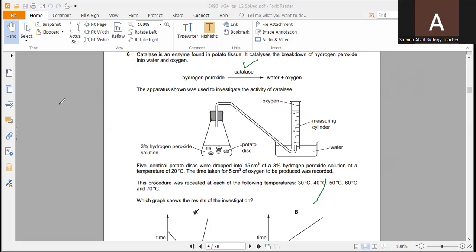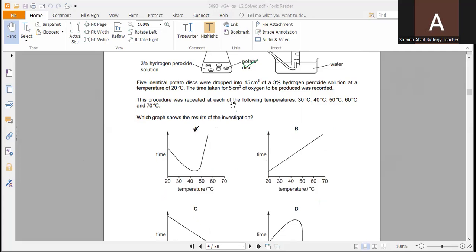The time taken for 5 cubic centimeters of oxygen to be produced was recorded. The procedure was repeated at each of the following temperatures: 30, 40, 50, 60, and 70 degrees centigrade.